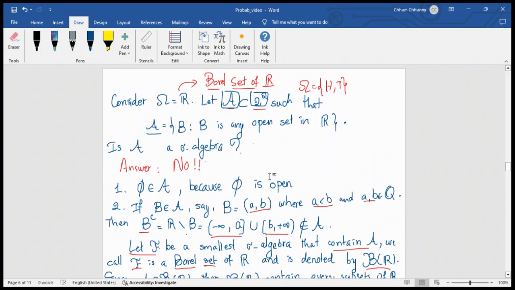Actually, you can construct a Borel set of an interval of A, not necessarily A, and we add some elements, some intervals, to make it a sigma algebra. So it will be the Borel set of the set for which you want to get the sigma algebra, something like that.